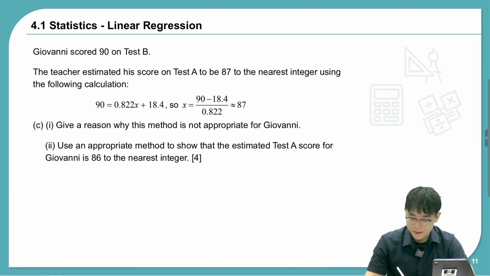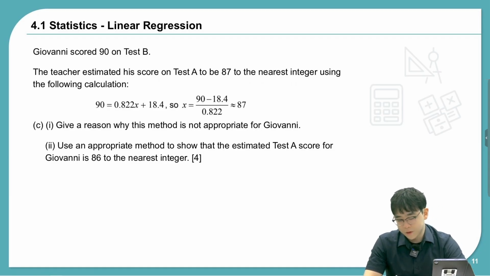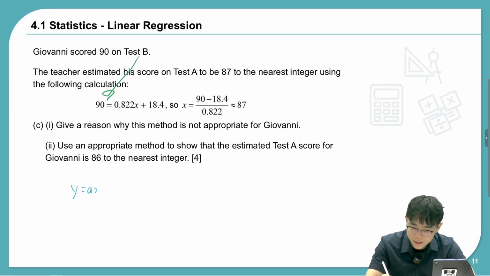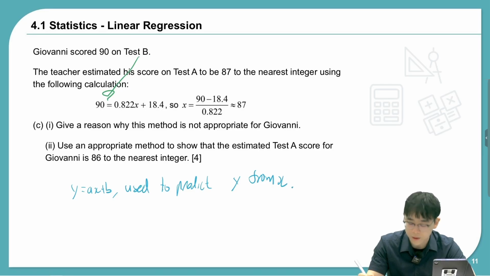Next, in this case, we have Giovanni who scored a 90 on test B, and we're plugging that into score Y to get X. This is also inappropriate because linear regression only predicts Y from X. If you have Y equals AX plus B, it can be used to predict the Y value from X, not the other way around.